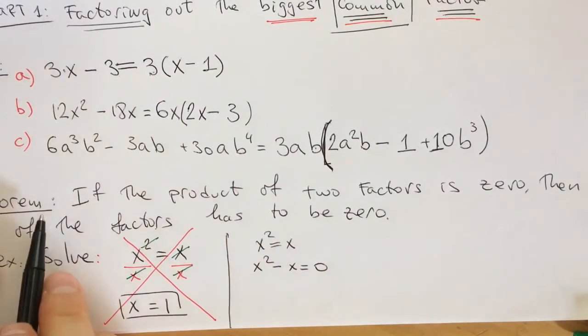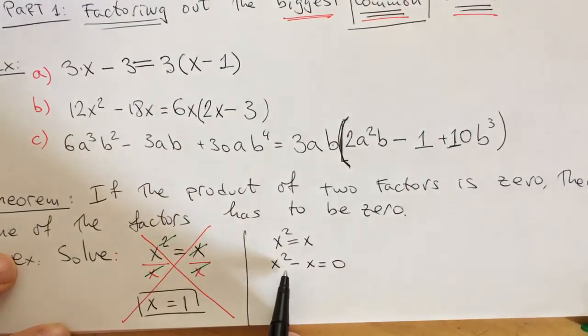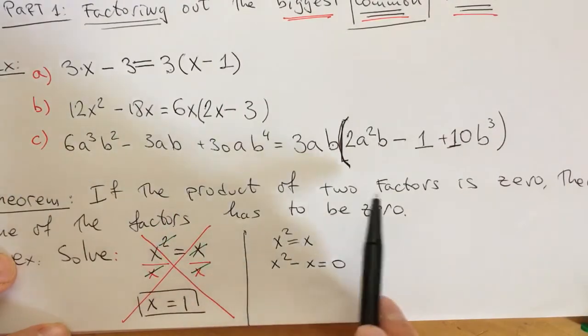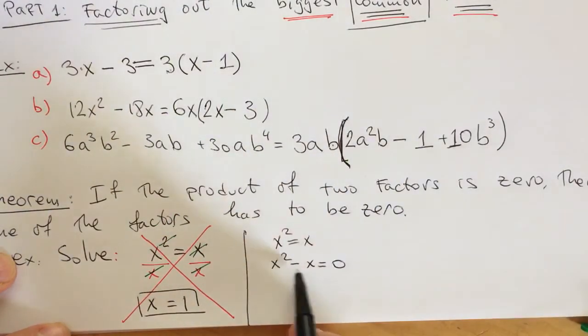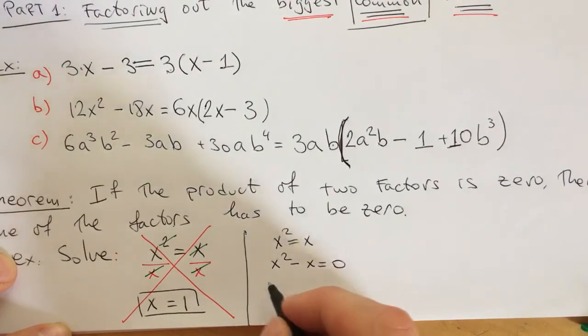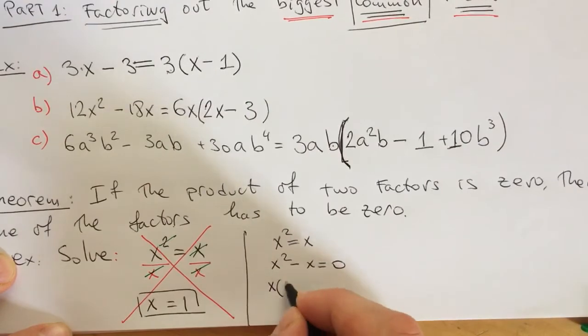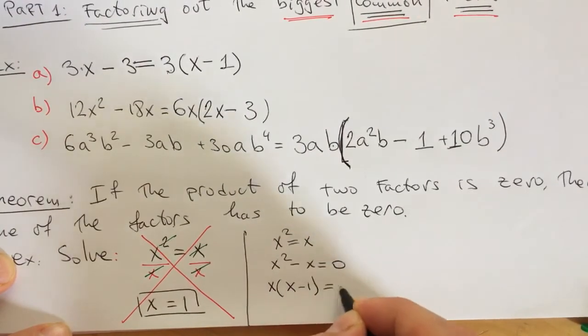Okay, can I use this theorem at this point? No, because it says if the product of two factors is 0, I don't have any factors here. Okay, what is the factor? So I need to factor out x, and then I get x times x minus 1 is equal to 0.